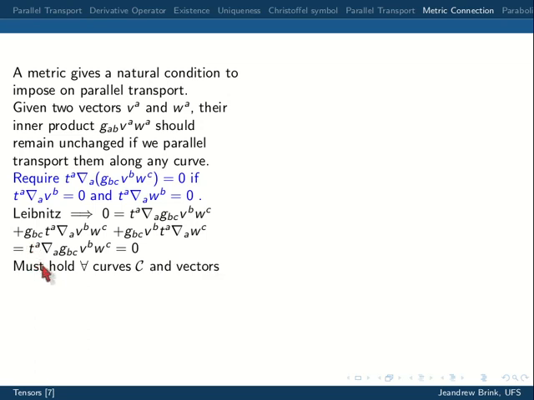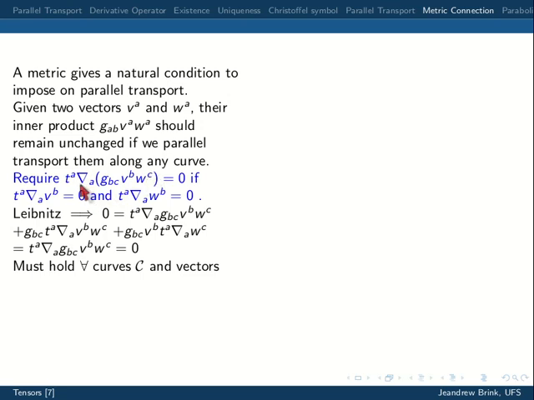Yeah? Just underneath the Leibniz word, that term just underneath it. Must the W^c be in front of the T^a derivative? Yeah, W^c, sorry. So look, you're expanding this thing.